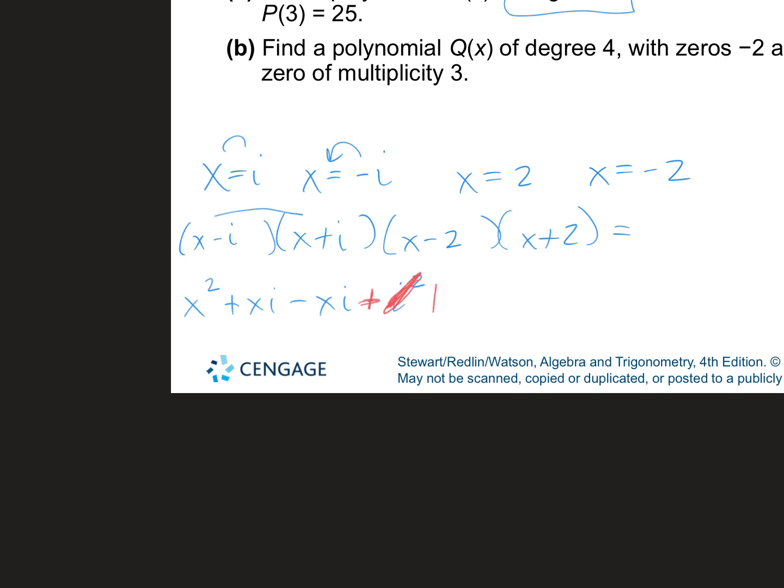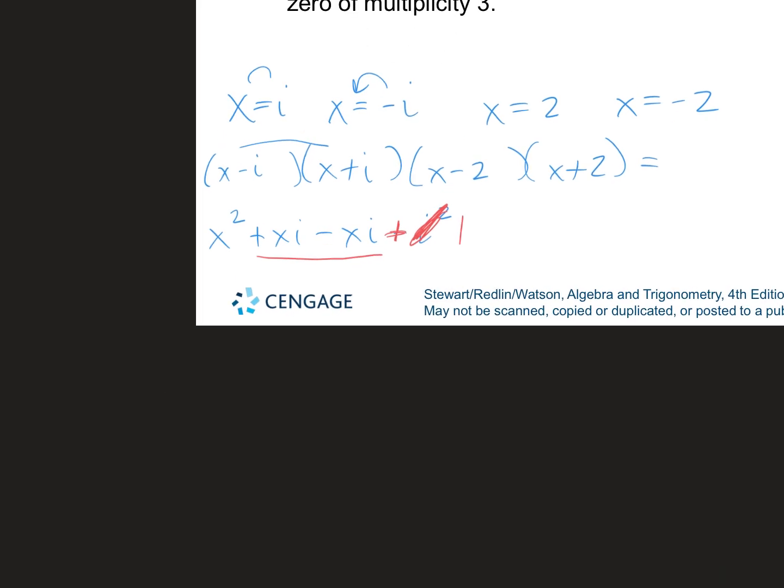Now, what do you notice happens here with a positive and a negative xi? They cancel. So what you really have here is x squared plus 1. And then over here, if we FOIL, x times x is x squared. x times 2 is plus 2x, minus 2x, minus 4, right? So you're left with x squared minus 4. The two x's cancel out.